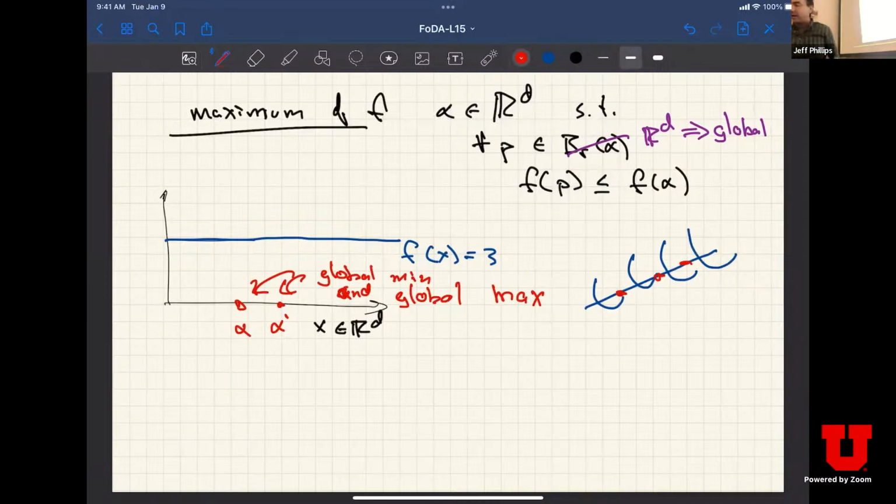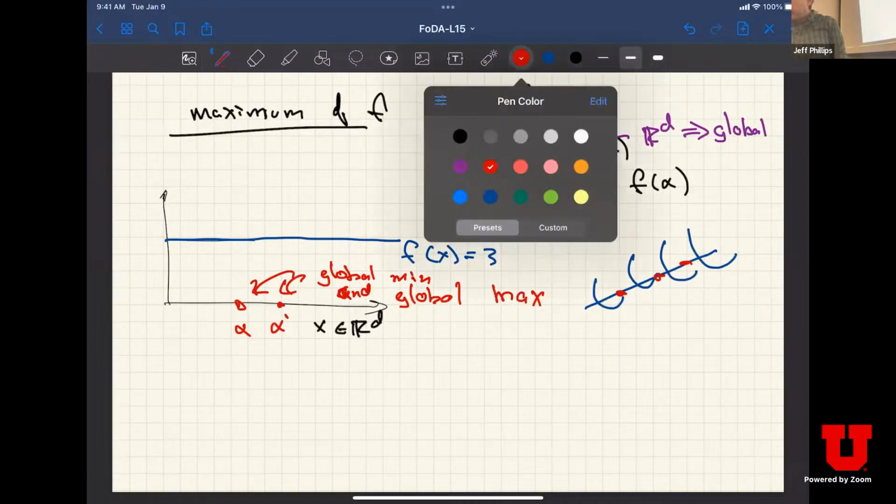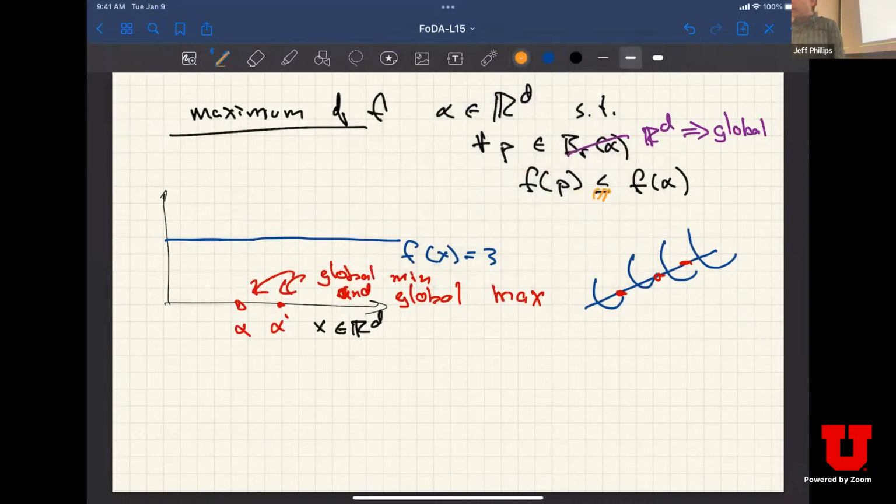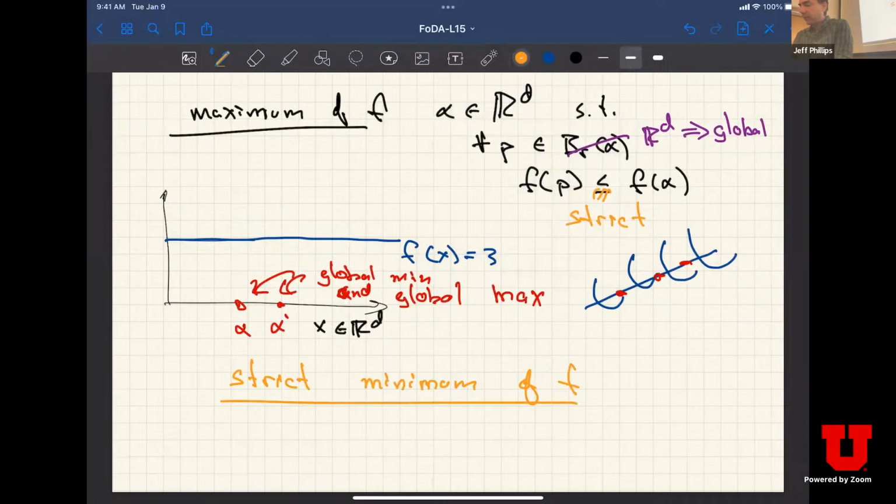And so there's an extra definition. If we can get rid of this equal sign, then we will call this strict. So this would be a strict minimum of f.